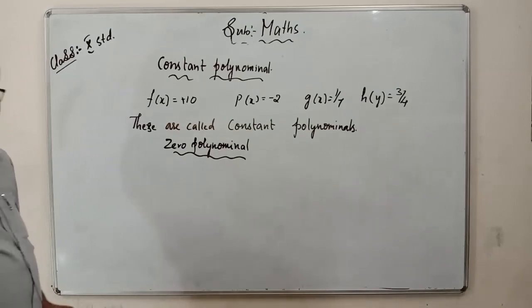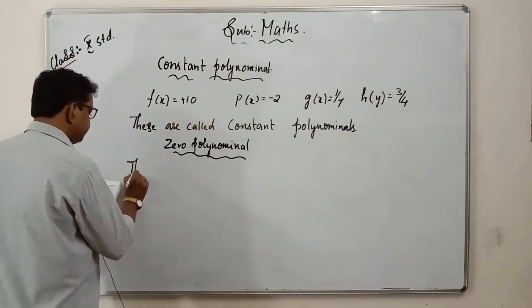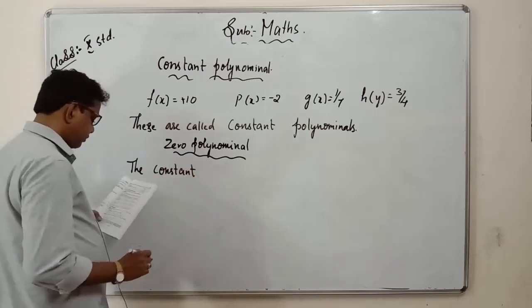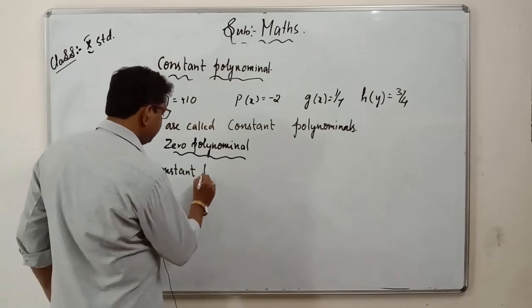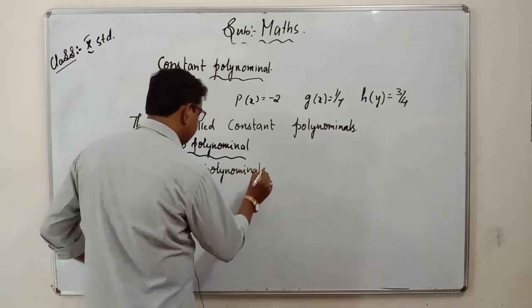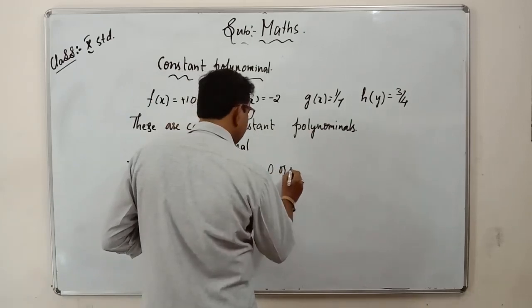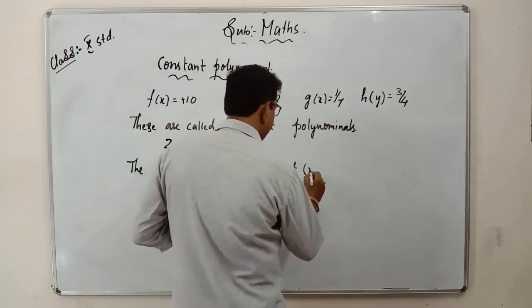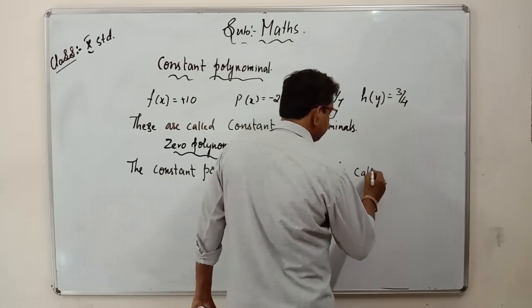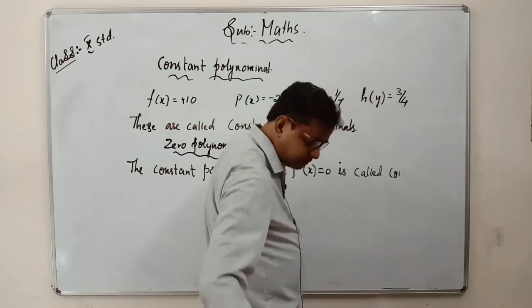For example, the constant polynomial 0, or f of x equals 0, is called zero polynomial.